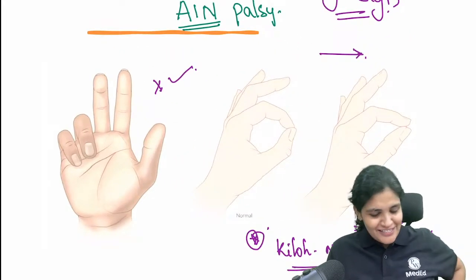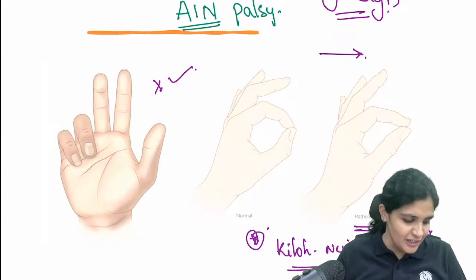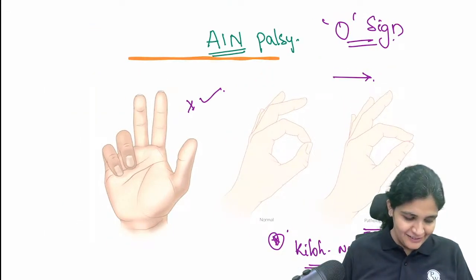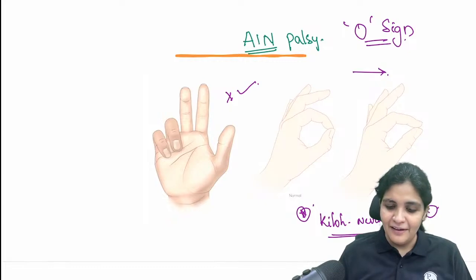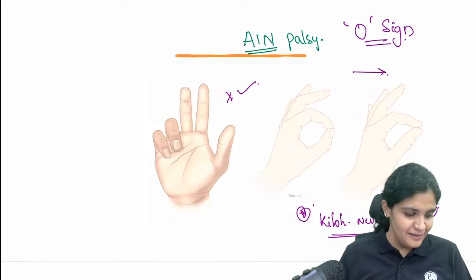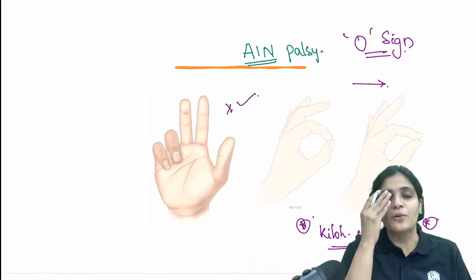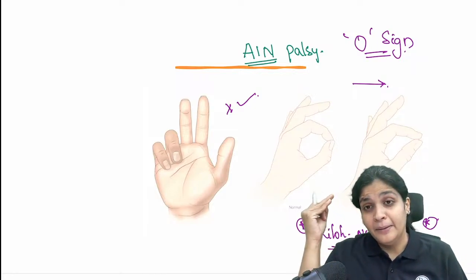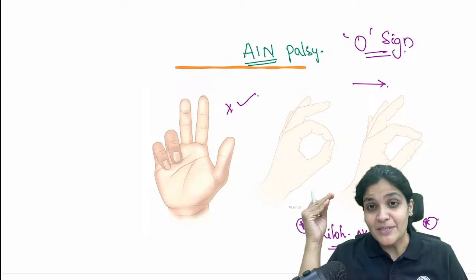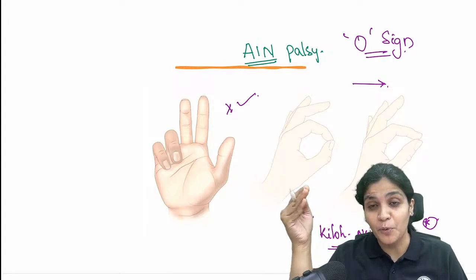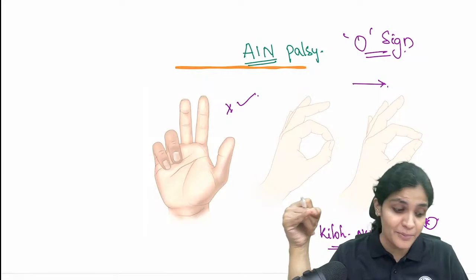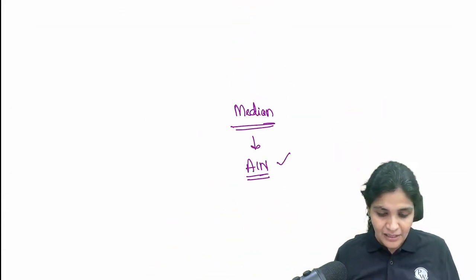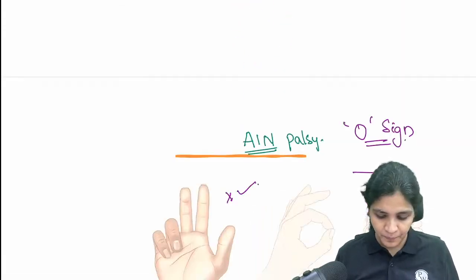So this is your O sign or the Kiloh-Nevin sign. Now we are done with the median nerve. Starting from the Ape thumb deformity, we have seen the pen test, and then the benediction sign, the Pope's sign, pointing index, Ochsner's deformity, O sign, Kiloh-Nevin sign. This is all you have to remember for the median nerve. This is what they will ask you.